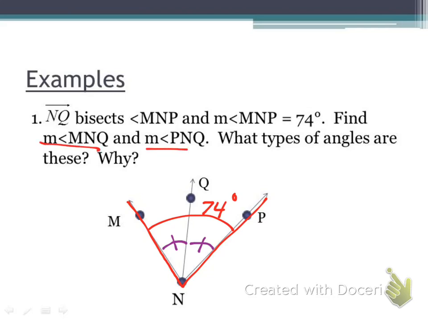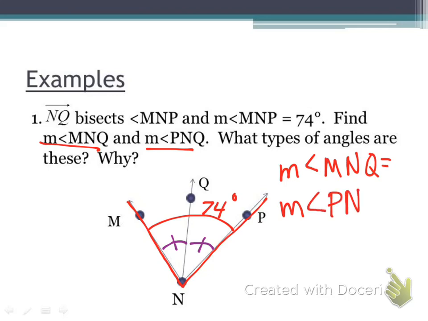I am looking for these two things, the measure of angle MNQ and the measure of angle PNQ. Then we're going to say what type of angle they are and how do we know that.